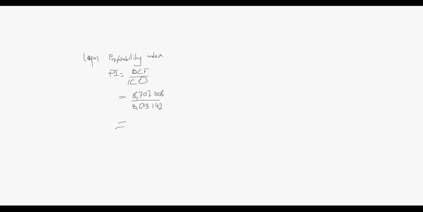So let's calculate using the calculator. What will be our profitability index? So 8702.008 divided by 8,015.142.